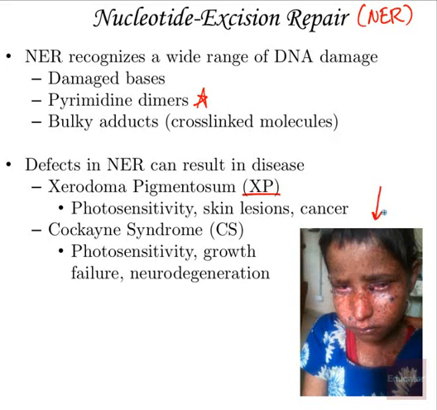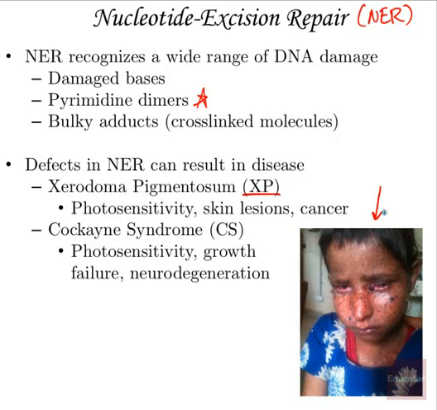You can see that they have a lot of skin pigmentation, and this is due to the fact that we are accumulating these problems from UV light, these damaged bases, dimers, all these things from UV light all the time, and we need to figure out a way to repair them. Well, when we have a problem in a main repair process, that builds up over time.